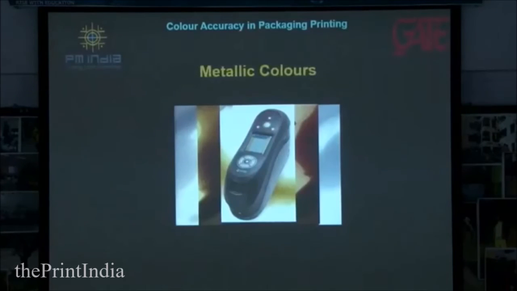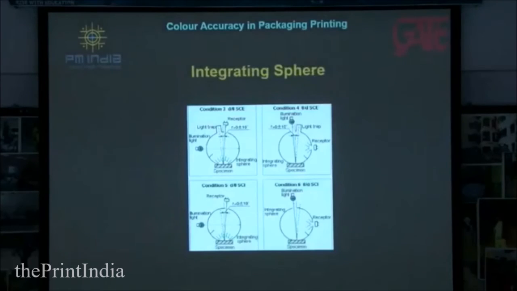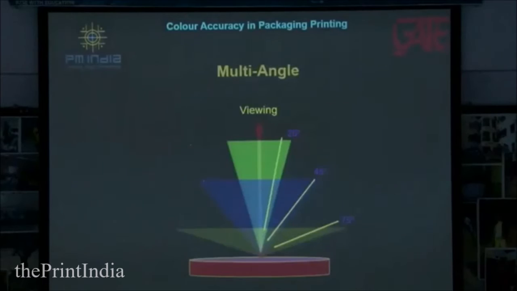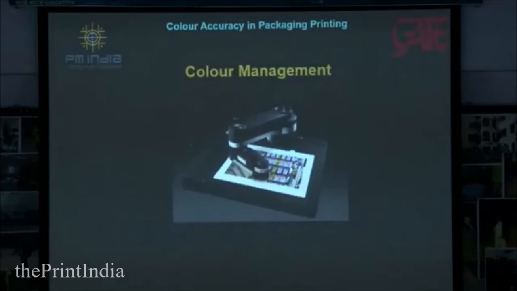So you need another one, SPM densitometers or multi-angle, which are better to measure metallic colors, or an integrating sphere. Okay. There are multi-angle measurements for metallic colors. So in color management, you get the instrument, and there are higher level instruments where your measuring instrument will move automatically on the chart. Okay, this is what I use.